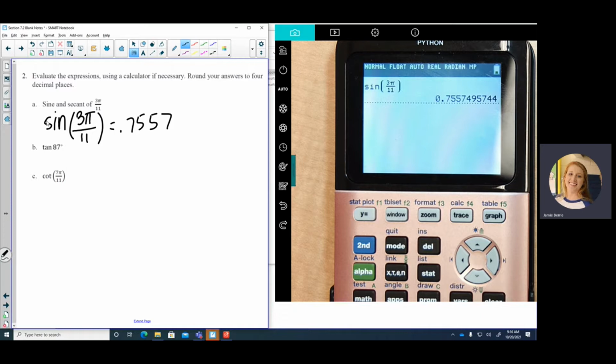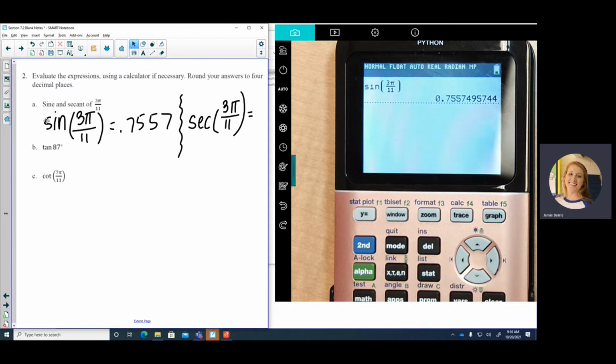All right, and then it also wants us to find secant of 3 pi over 11. We know that secant is the reciprocal of cosine.